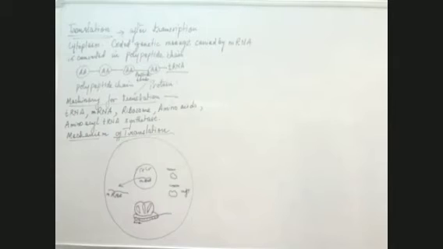AUG is the initiator codon which initiates the process of protein synthesis. It codes for methionine, and that methionine is not accepted by the A site. The A site does not accept it. This methionine is accepted by the P site, so the P site accepts the tRNA which brings methionine.